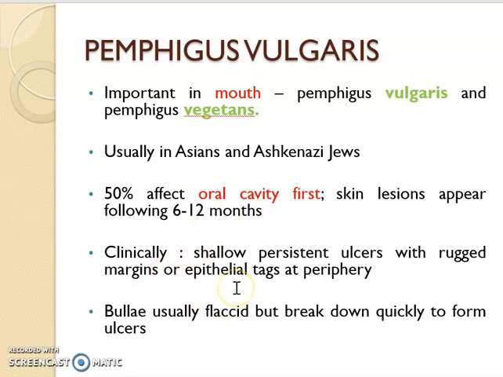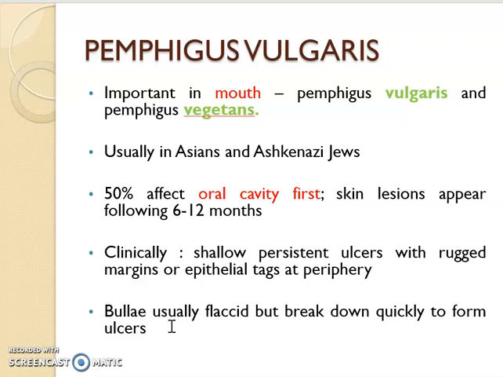Clinically, it presents as shallow, persistent ulcers with rugged or irregular margins, or epithelial tags at the periphery. The bulla is usually flaccid but breaks down quickly to form ulcers. This is very important, because when you see patients without intact bullae, you might think of pemphigus, not pemphigoid or other lesions.